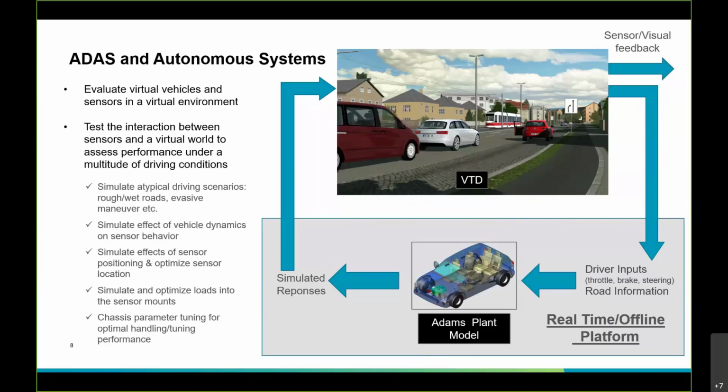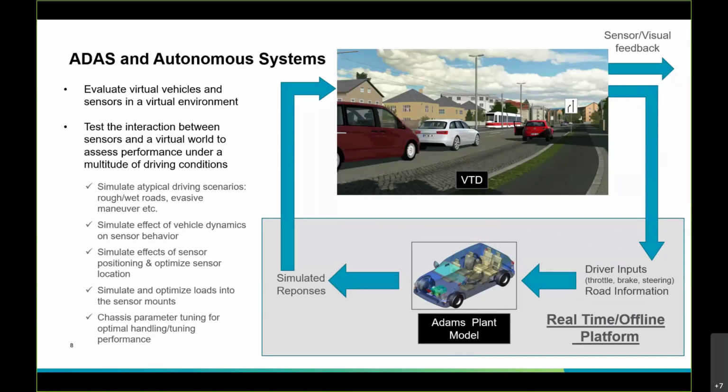So, for example, maybe the bracket mounting system for a sensor has some compliance, or it gets excited under certain frequencies. So we need to be able to test that system to make sure that that compliance is not adversely affecting the performance of the sensor.